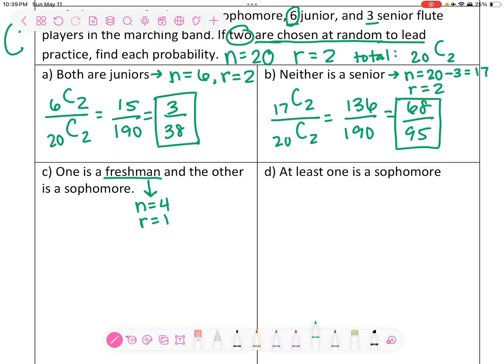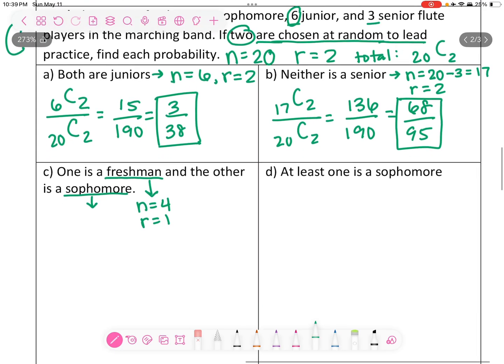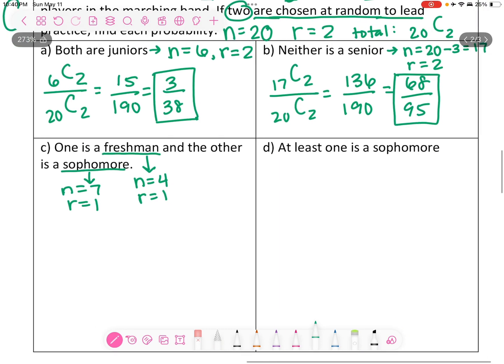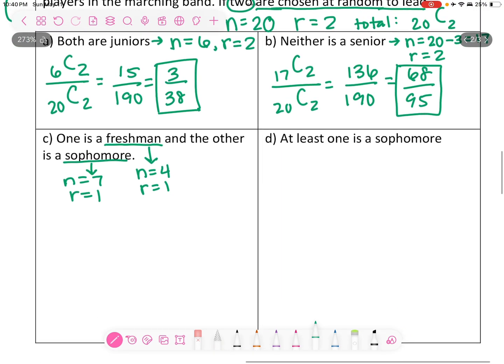The other option is that it's a sophomore. Well, there are, according to the scenario, 7 sophomores. So N is 7, but we're only choosing 1 sophomore, and R is 1. So together, we have chosen 2, like we needed to, but we just did it separately. So we're just going to do those 2 individual combination outcomes, and we're going to multiply them together. So that's why I say it's like compound probability.